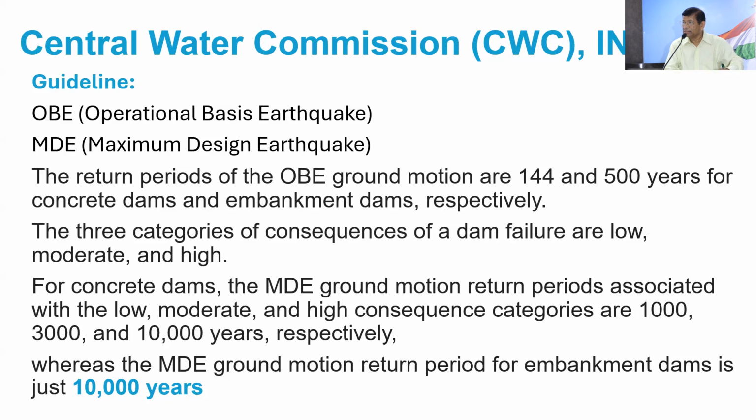That's why I didn't go much into what is high, moderate, low, because when it comes to the embankment dam, it is 10,000 years. They pretty much took that guideline from CDA and say that for any embankment dam, it is now 10,000 years. It doesn't matter whether high or low. So if you take the guidelines, they are telling us we have to target these 10,000-year events.